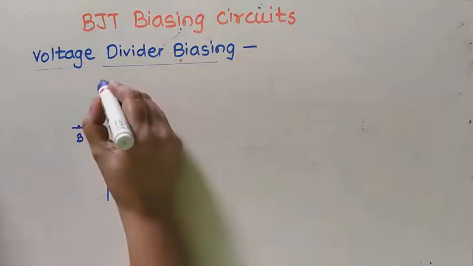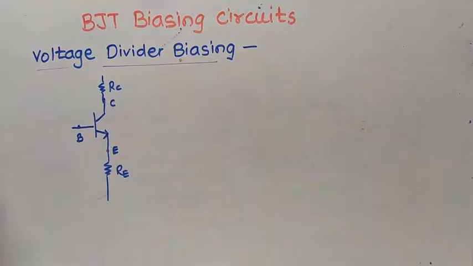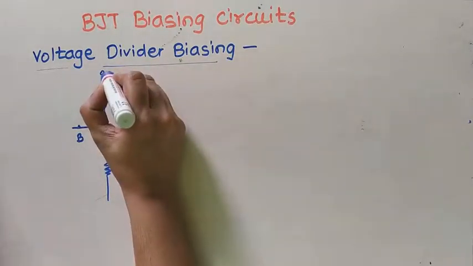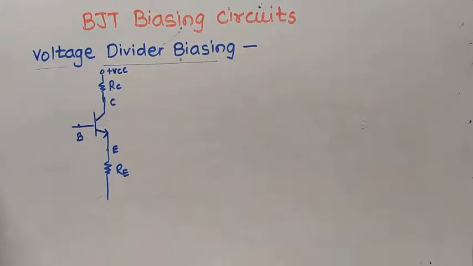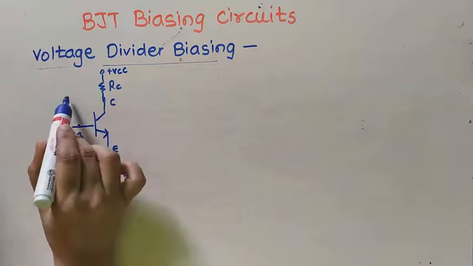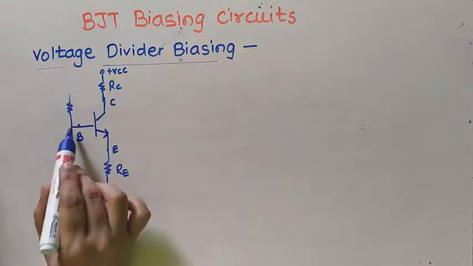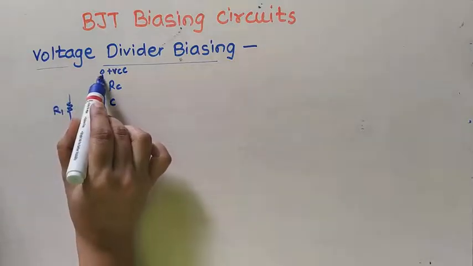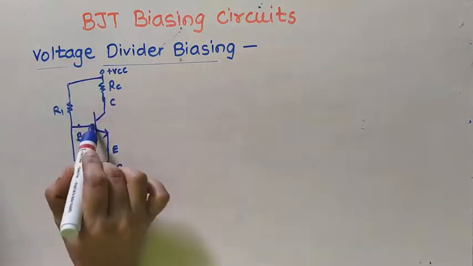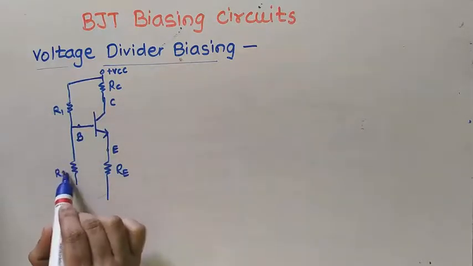At collector side, one resistor is connected, RC, and here the supply plus VCC is connected for proper biasing of the device. Similarly, at the base, the resistors are connected in such a way that one resistor R1 is connected between the supply VCC and the base terminal, and another resistor R2 is connected between base and the ground terminal.